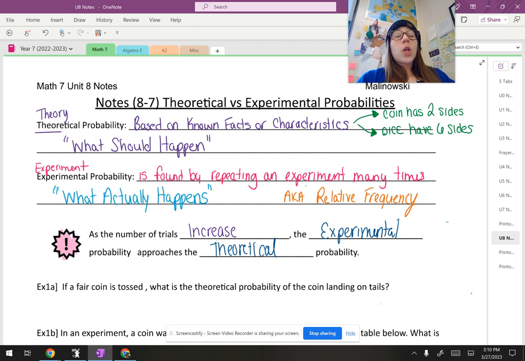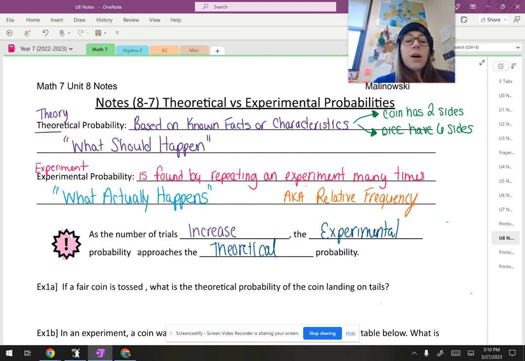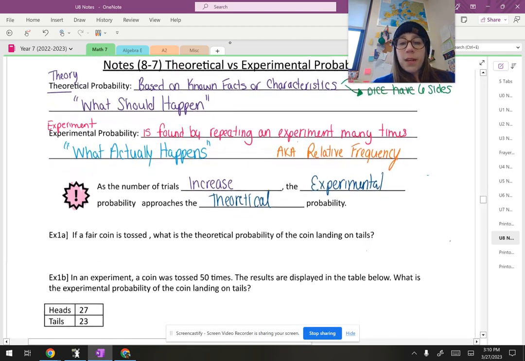If I flip the coin 100 times, I might get heads 49 and tails 51. But the more you increase your number, the closer it's going to get to exactly 50-50. So if I were to increase that to 10,000 times, I'd be way more likely to get 5,000 heads and 5,000 tails. Although, who wants to flip a coin 10,000 times? I don't.